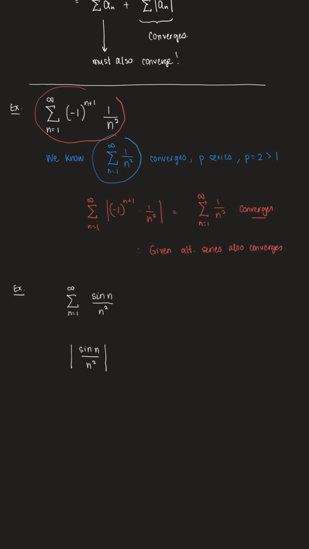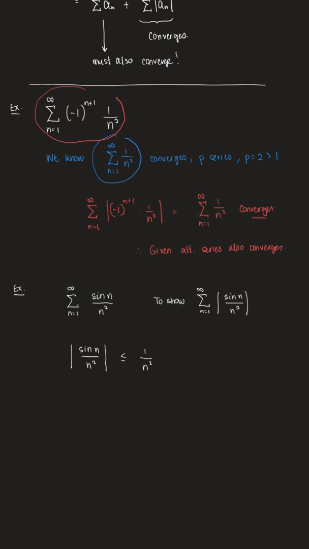If I want to show that this series in absolute value converges, then my original one also converges. So I'm going to take the nth term, the absolute value of sine n over n squared, and show that it will always be less than or equal to 1 over n squared. This is always the case because the absolute value of sine n is always less than or equal to 1.